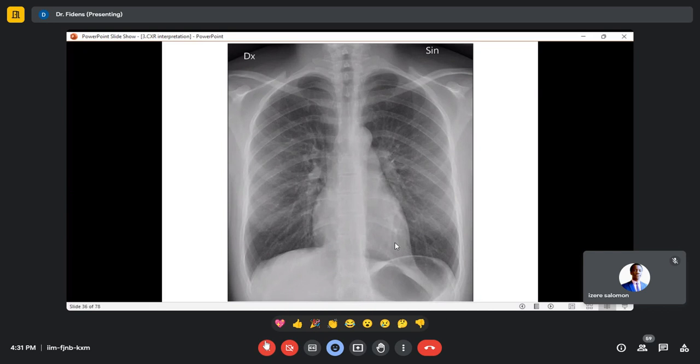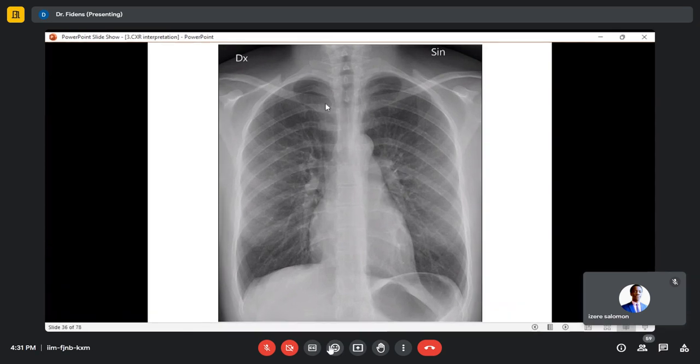Think about the trachea, the size of the mediastinum, the esophagus, the heart, all the structures in the mediastinum. That's one. And by looking at this, you follow those 4 S's.